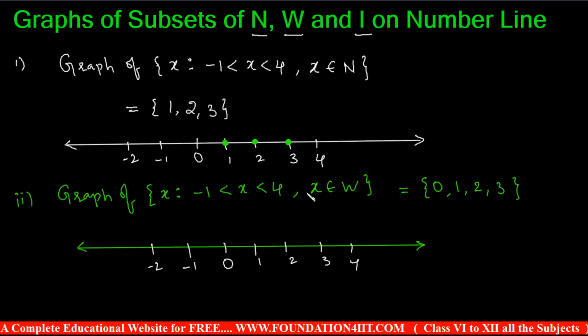We should darken the circles that indicate the whole numbers, only 0, 1, 2, 3. This indicates that the numbers 0, 1, 2, 3 belong to this set because x is a whole number. Natural numbers and whole numbers are simple.